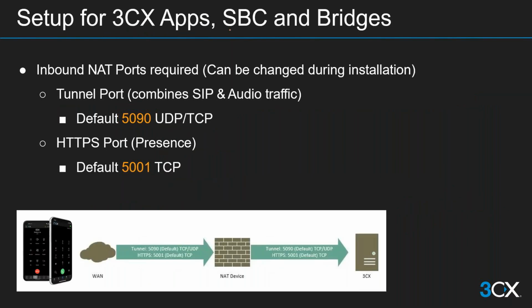Setup for 3CX apps, SBC, and bridges. So the 3CX apps is the mobile app. It is the soft client. The web client is not in that regard because the web client doesn't use the tunnel. So that would be mobile app, soft client, then SBC as a barebone and SBC phone, and then bridges. Inbound NAT required for by default 5090.